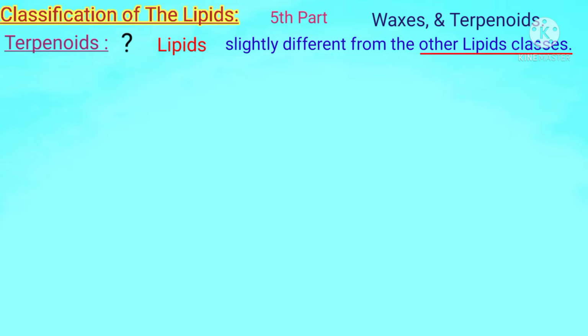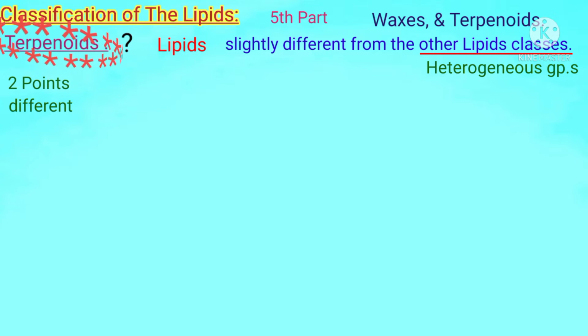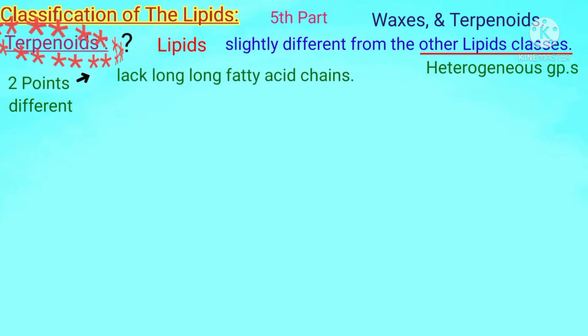Students, the remaining lipid classes are called heterogeneous organic compounds which possess different types of compounds, but terpenoids have 2 points different from the other lipid classes. These are non-fatty acid compounds in which long fatty acid chains are not present. But although, students, its properties are like lipids, so terpenoids are classified into lipids. That is the first point.